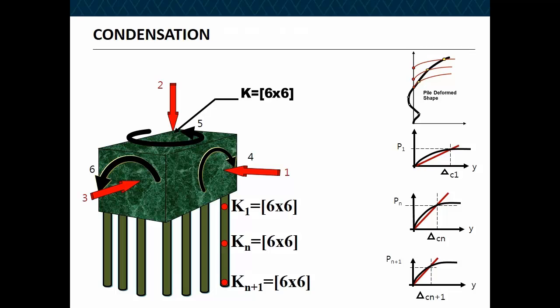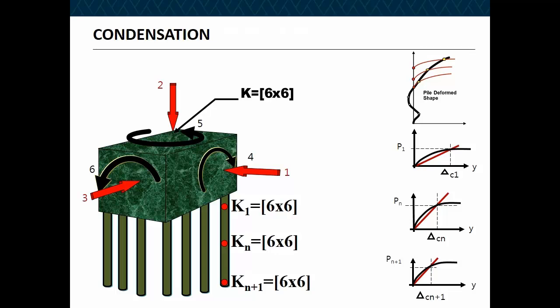Then you condense all of this foundation, including all the 6x6 matrices, to a 6x6 matrix at the bottom of the column. That replaces your whole foundation with a 6x6 matrix, so you don't have to worry about the foundation. And that's how you linearize, as a function of displacement of the piles, these nonlinear springs at displacement 1, 2, 3, for example, and then you incorporate it into your substructure model.